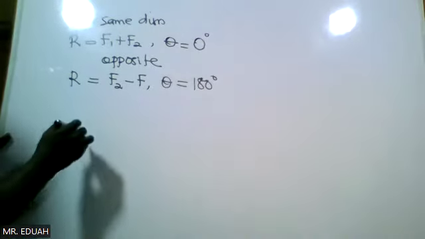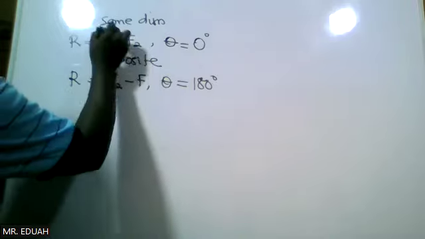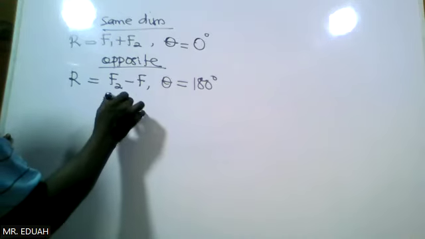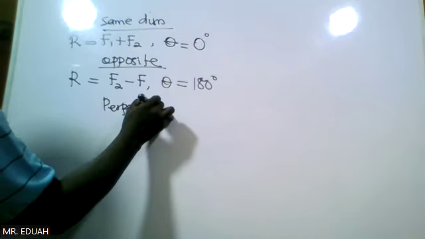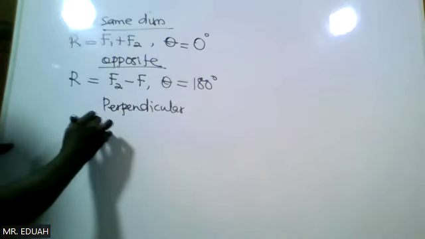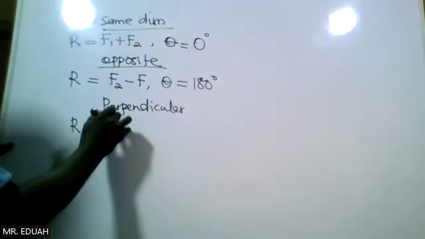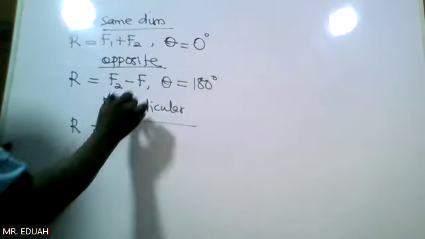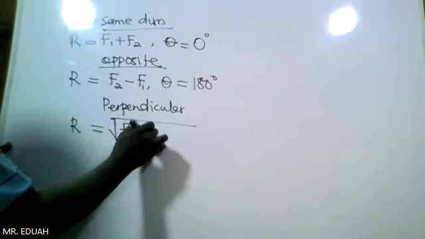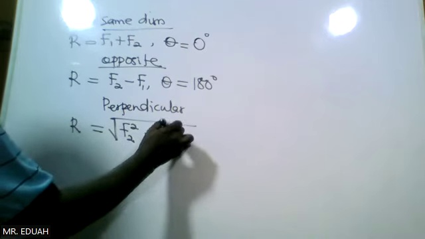When they are moving perpendicularly to one another, R is equal to the square root of F2 squared plus F1 squared.